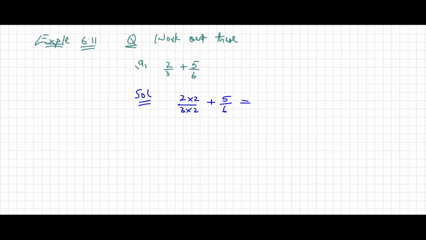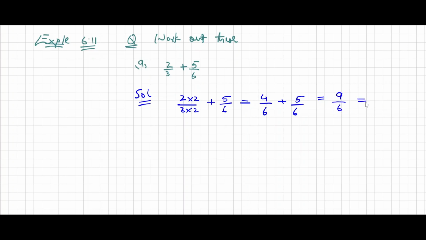So 2 into 2 is 4, 3 into 2 is 6, plus 5 by 6. In the last, you will get 4 plus 5, it's 9 by 6.